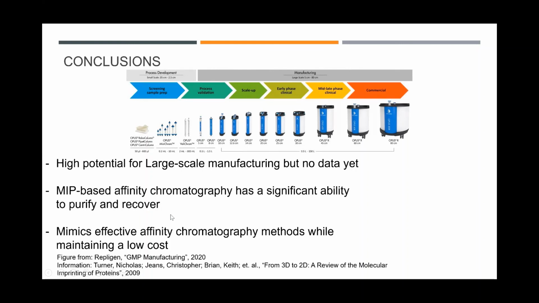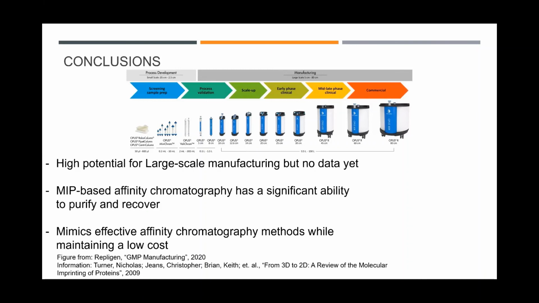Also, I would like to mention that in 2009, there was a paper written on MIP technology at the time that stated MIP was not capable of isolating products above a molecular weight of 1,000 grams per mole.